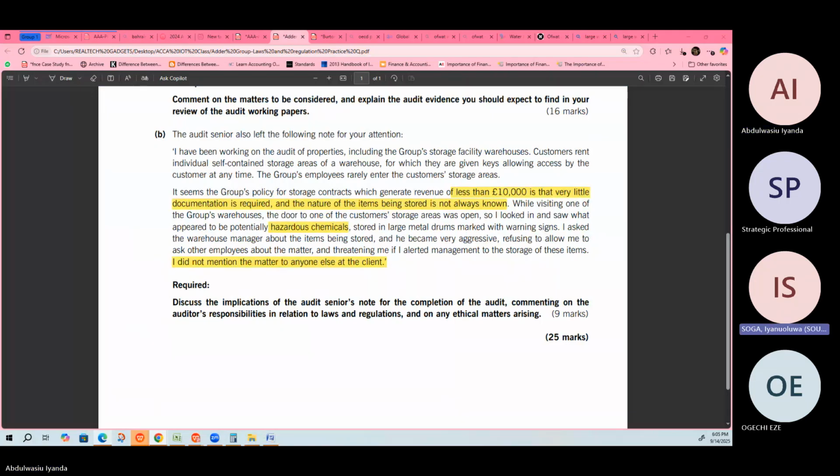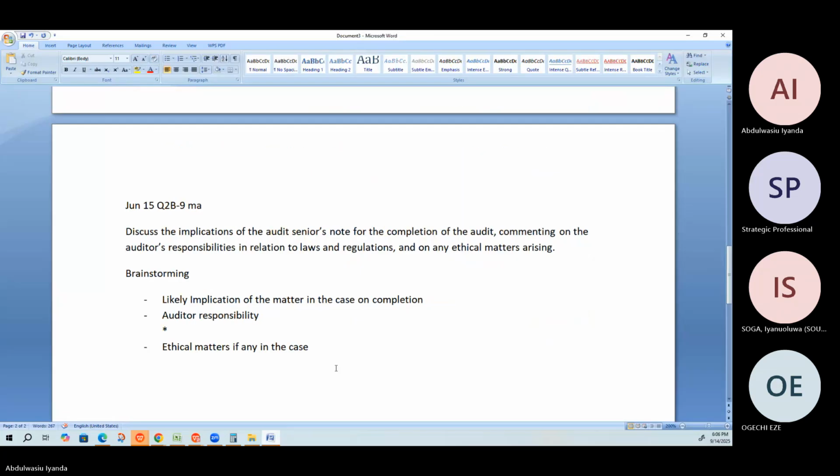He noticed that some hazardous chemicals were stored in that part of the warehouse. So he will need to probe to understand what's going on, the circumstances that led to the chemicals being stored there, and then seek legal advice as well. Those are the auditor responsibilities here.